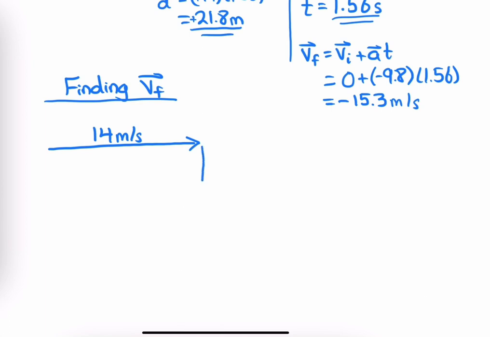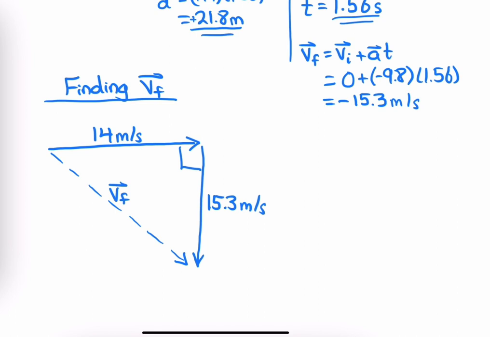So it's going down. And because this guy is horizontal and this guy's vertical, I've got a 90-degree angle there. And the resultant I'm trying to find, the combined velocity of these two components together, is that guy here. That is my VF.